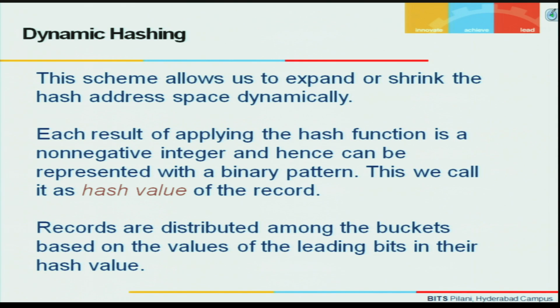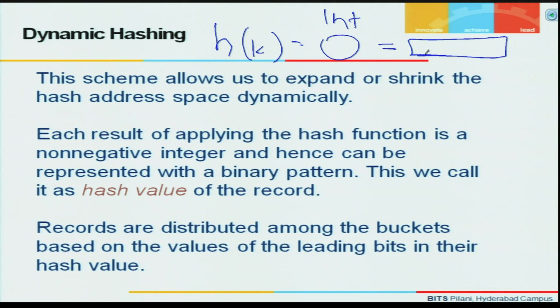Each result of applying the hash function is a non-negative integer. The concept behind dynamic hashing is, when you apply a hash function hk, it gives you a value, which is a non-negative integer, and we can always convert this non-negative integer into its binary representation, in terms of zeros and ones.